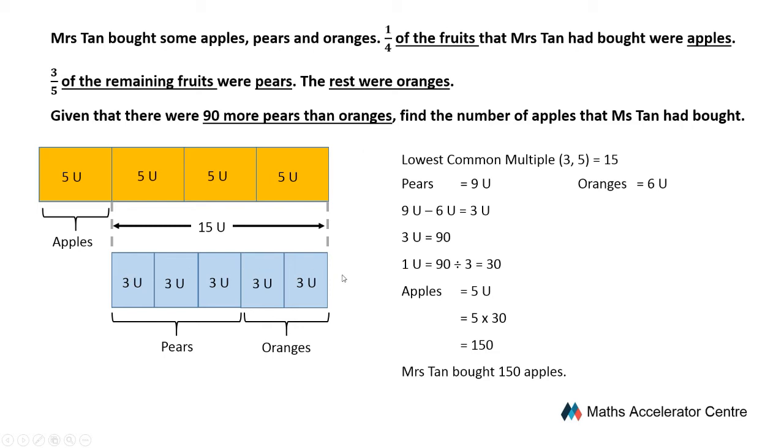Out of the 5 smaller units, 3 of these units belong to the pears and 2 other units belong to the oranges. We realize that the remaining fruits over here can be divided into 3. It can also be divided into 5. So the lowest common multiple of 3 and 5 gives us 15. So here we write 15 units.